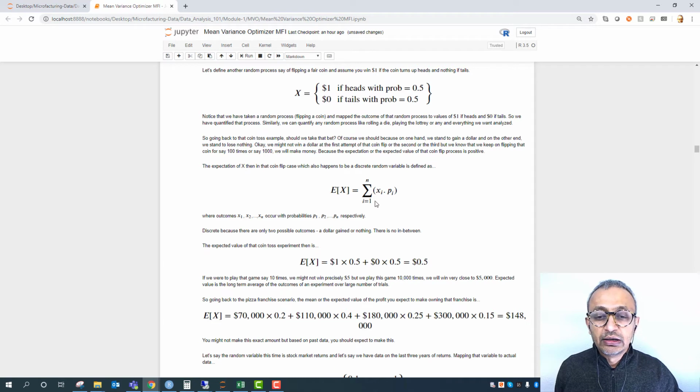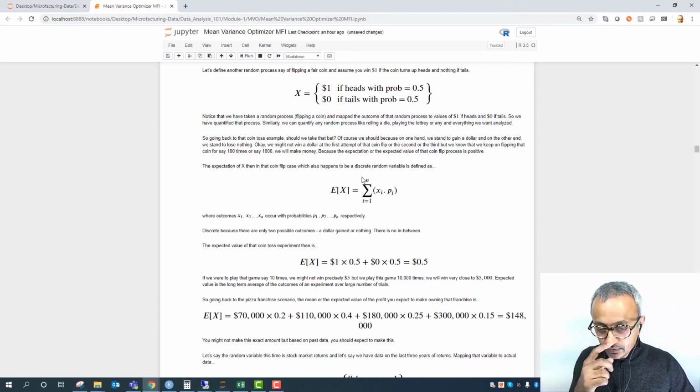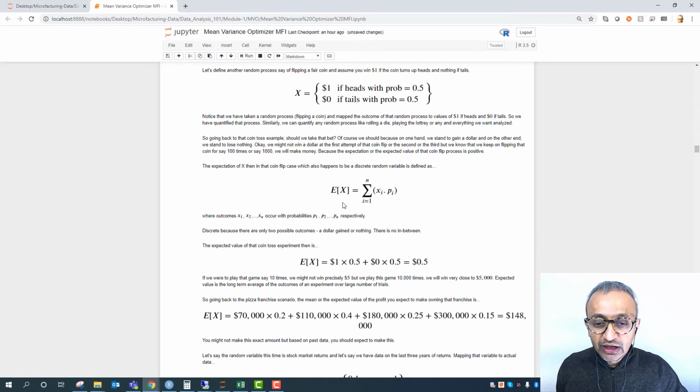So depending upon the number of attempts you make, let's say the first toss is i equals 1, the second toss i equals 2, the third toss i equals 3, and so on. You do it until n times, right? So the expectation of X is 1 times 0.5, plus if you get another head, 1 times 0.5, another head, 1 times 0.5, then if you get a tail, 0 times 0.5, and so on.